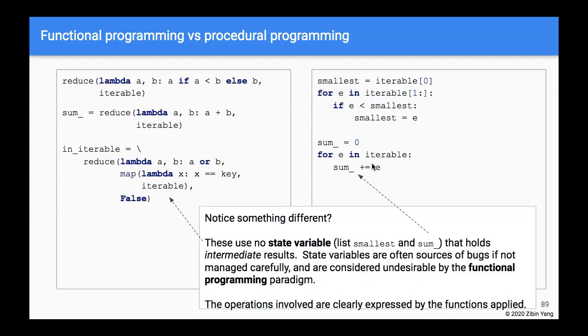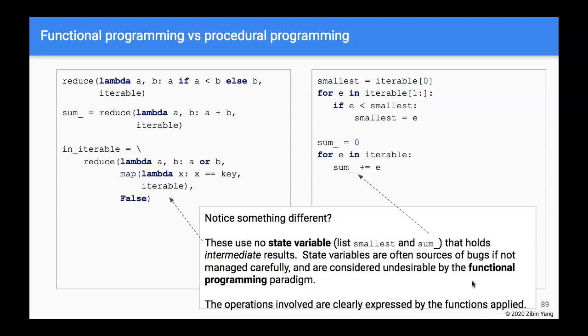Otherwise, you probably have had bugs before when you set certain variables or certain attributes to something that you didn't intend to. So state variables like these, because they do tend to introduce bugs and all that, are considered undesirable by this thing called the functional programming paradigm, if you've heard of it before.